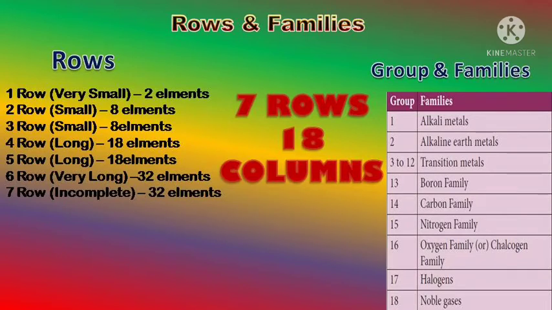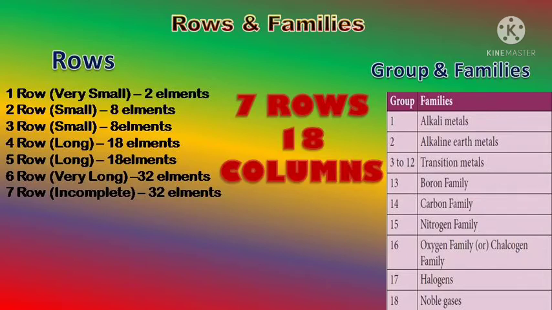This is called a very small row. The second and third rows consist of 8 elements each, called small rows. The fourth and fifth rows consist of 18 elements each, called long rows.